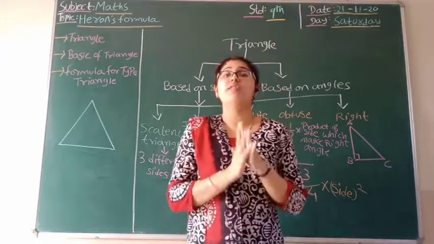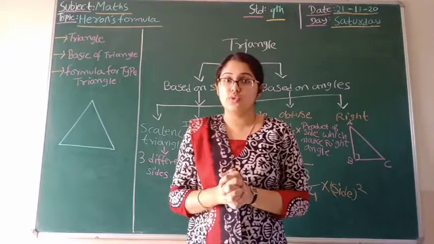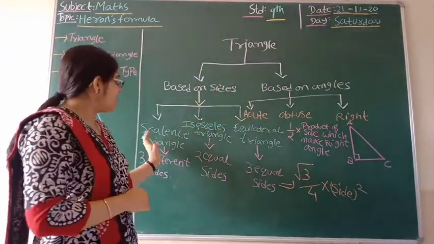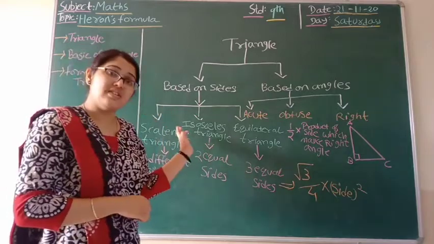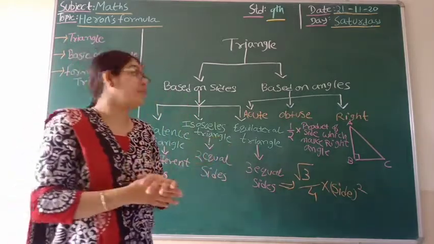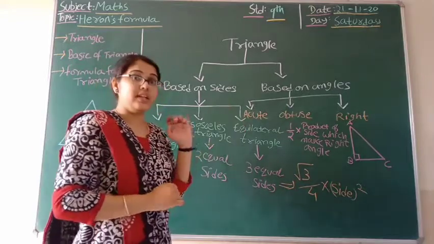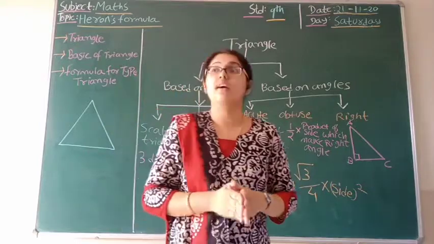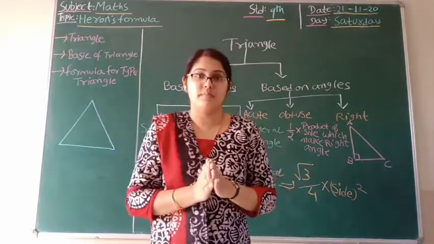So, the homework for this video is that you need to define all of the triangles: scalene triangle, isosceles triangle, equilateral triangle, along with acute angle triangle, obtuse angle triangle and right angle triangle, with diagrams. Clear?